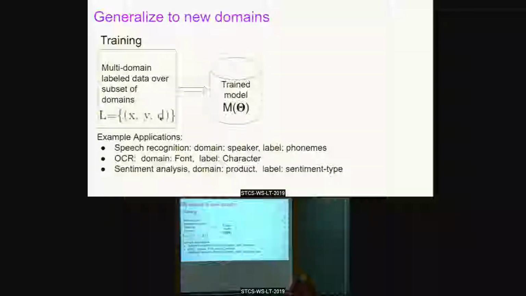Examples of such data would be, suppose you're trying to train an OCR model, then you would have images and the corresponding character label attached with each image. That is the standard XY pair that is given to you. But in addition, we have a font label, which tells us in which font this particular character is written.